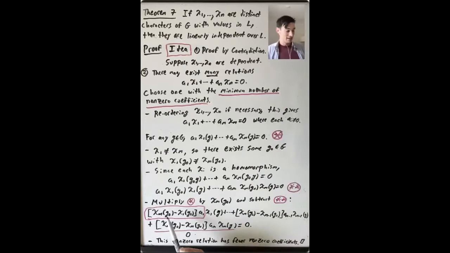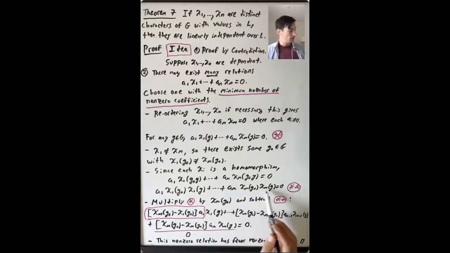And what we get is chi(m) of g0 minus chi1 of g0 times a1, these are two elements of this field L, times chi1 of g, plus chi(m) of g0 minus chi(m minus 1) of g0, times a(m minus 1), times chi(m minus 1) of g. And then the last terms cancel out, right?